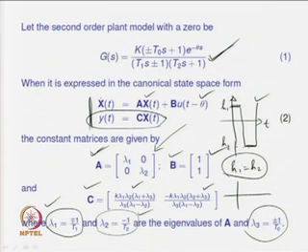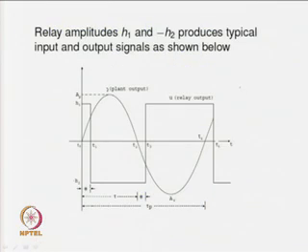But when H 1 is not equal to H 2, the type of output signal one obtains is shown over here. Look carefully that, depending on the type of input to the system, H 1 is resulting in piecewise constant input to the system of magnitude H 1 for some duration, shown from time T 0 to T 1.